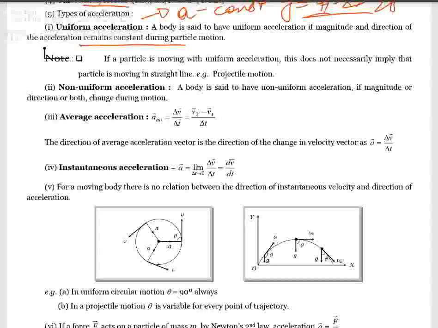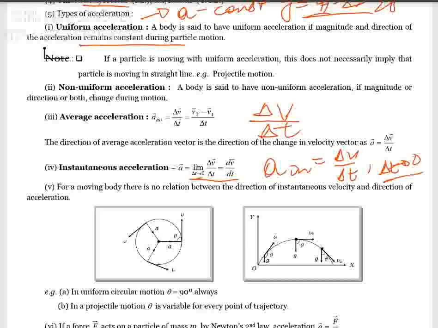And the second one is average acceleration. Average acceleration, as we did before, is the change in velocity divided by the change in time. Instantaneous acceleration is similar to average in equation: acceleration instantaneous is equal to change in v over change in t, but here change in t goes to 0.